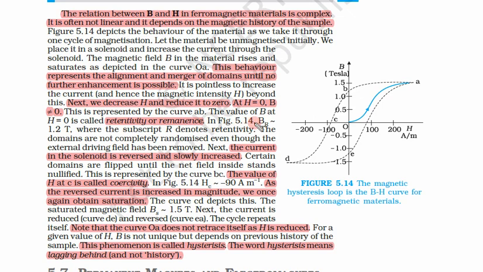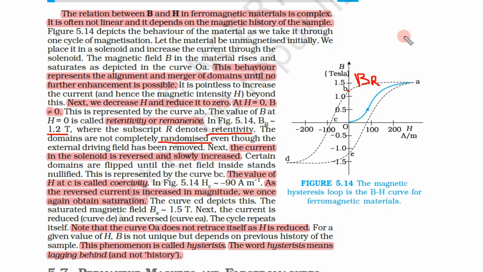In figure 5.14, Br is equal to 1.2 Tesla. So this remanent magnetization, or remanence or retentivity, is 1.2 Tesla, where the subscript R denotes the retentivity. So this is Br, the retentivity or remanence magnetization. The domains are not completely randomized, so they have somehow reduced from full directional.